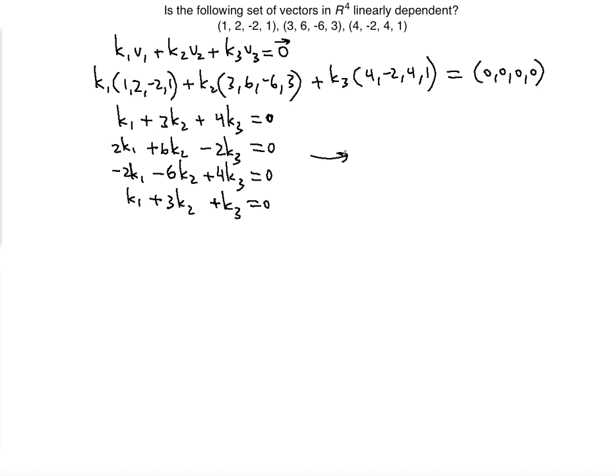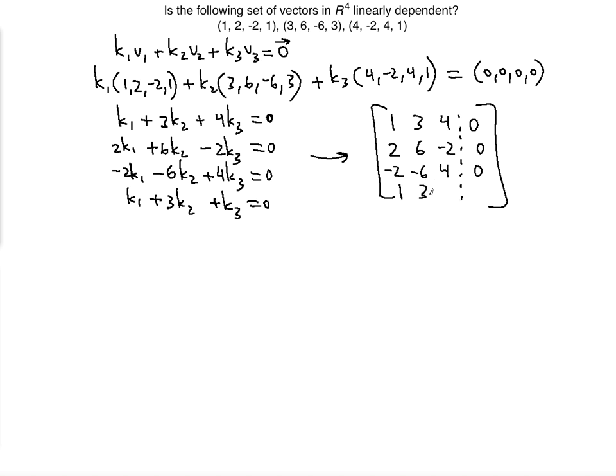So we can build an augmented matrix using the coefficients 1, 3, 4, 0; 2, 6, negative 2, 0; negative 2, negative 6, 4, 0; 1, 3, 1, 0.